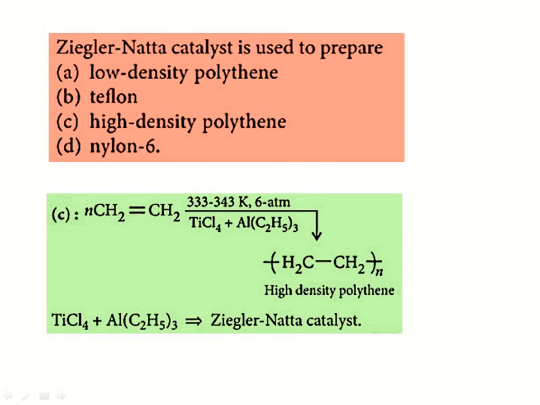Usually this is high density polyethylene, HDPE. The Ziegler-Natta catalyst is a mixture of titanium tetrachloride and triethyl aluminum. This catalyst is used for polymerization reactions. C is the right answer for it.